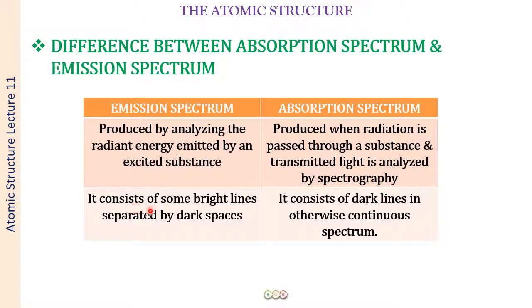The emission spectrum consists of some bright lines separated by dark spaces, whereas the absorption spectrum consists of dark lines in an otherwise continuous spectrum, right?